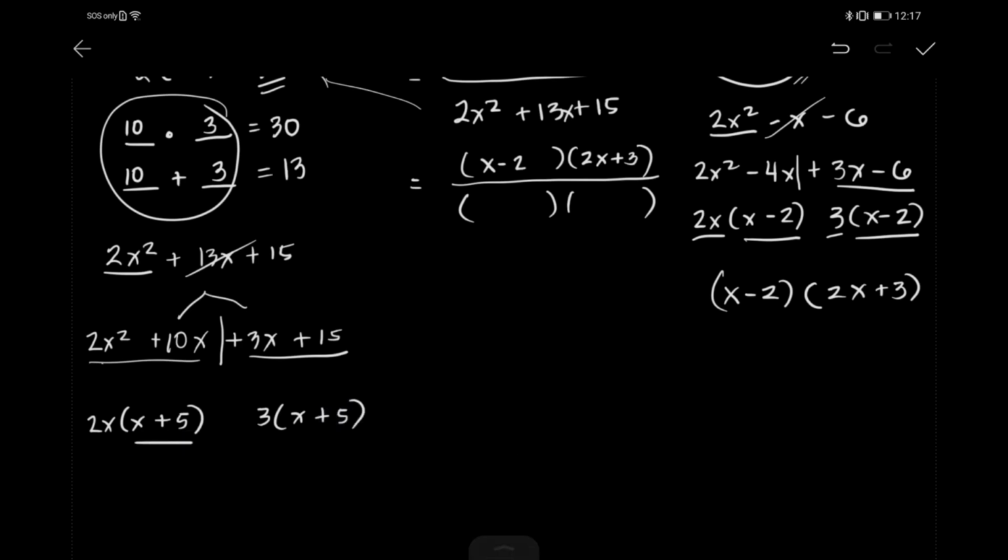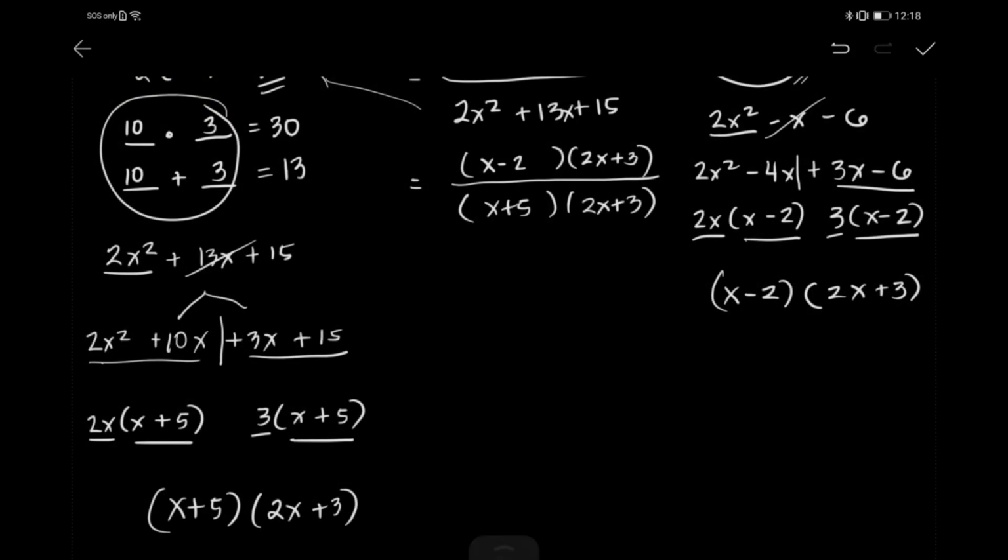We have here a common factor, x plus 5. Write the x plus 5 here. Then the 2x and the 3, the outside factors, this is 2x and positive 3. So this means that the factored form of our denominator is x plus 5 times 2x plus 3.